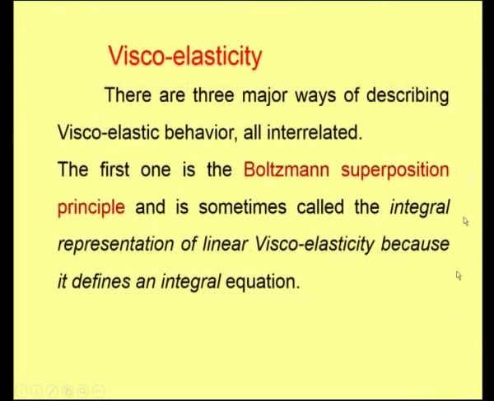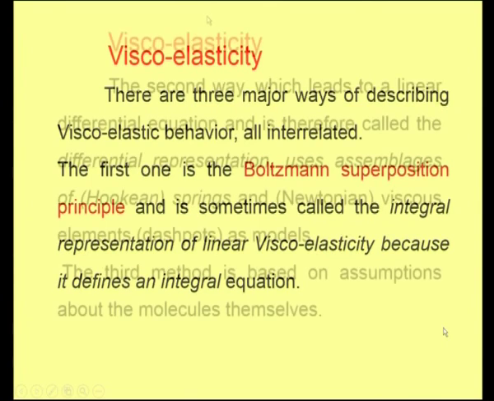Now, there are three major ways of describing viscoelastic behavior in the transient mode. The first one is the Boltzmann superposition principle, also called the integral approach to study the viscoelastic property of materials, because it involves an integral equation. We will see that.